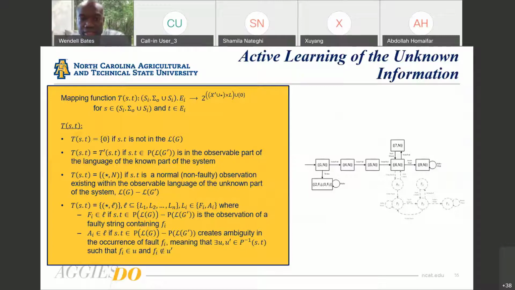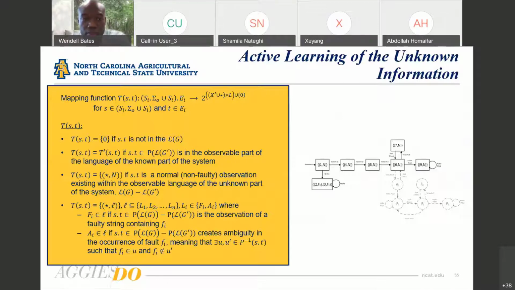We just have whether or not the event occurred. And so all we can do is label whether or not those events are faulty. So instead of a number, we represent the quote unquote state information with a star, which signifies that the state is unknown.